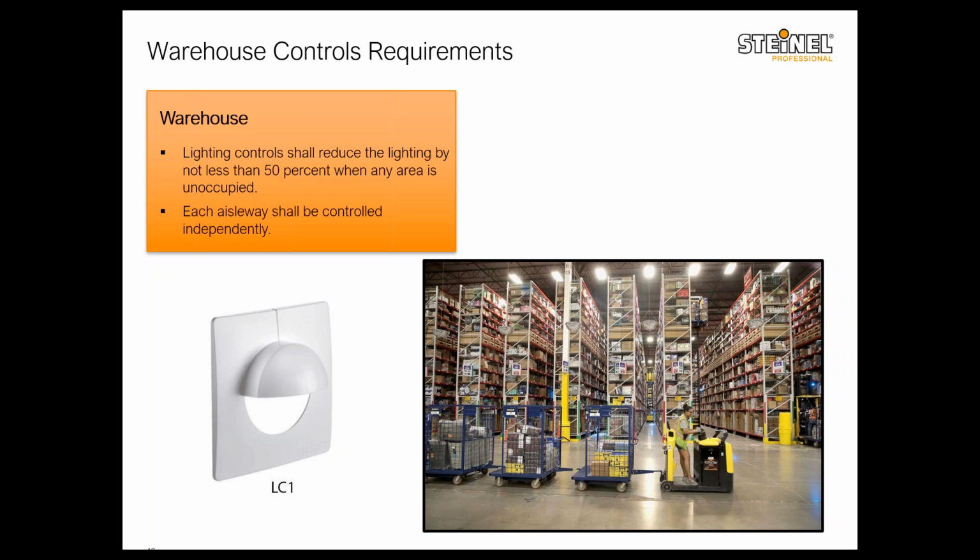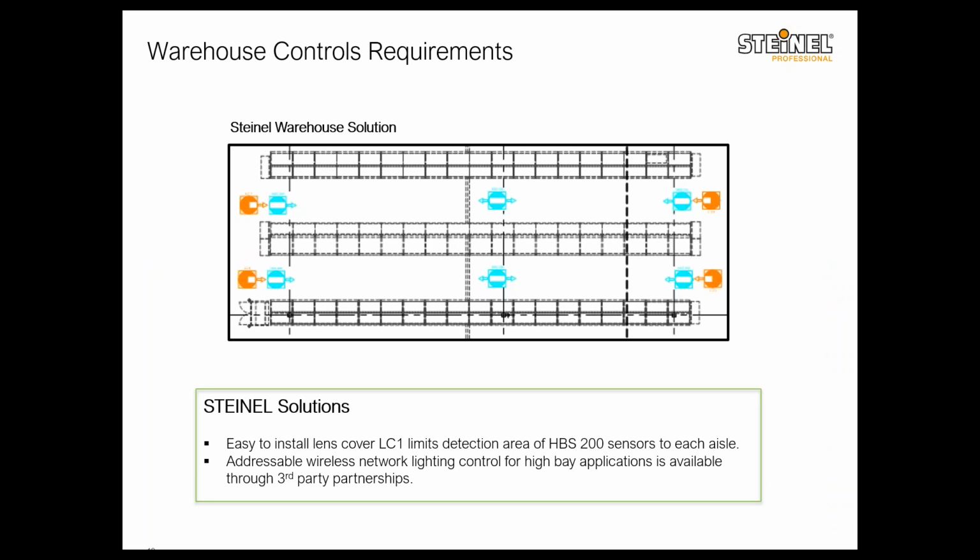So for those requirements for warehouses, you can always contact our regional manager, our trainer, to get you the right solution about warehouses. But as you can see here, we have this partnership that allows us to use an addressable wireless network lighting control using our high bay sensors.